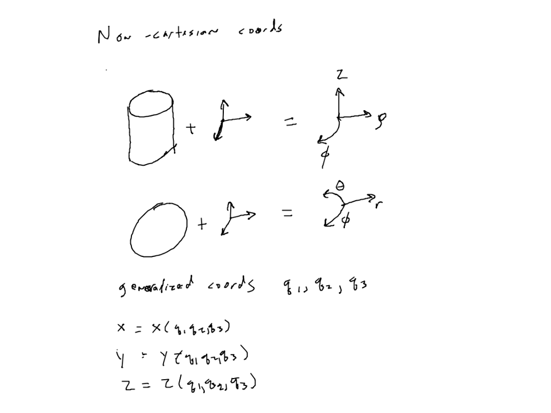And so the idea is that you can associate a basis vector or unit vector with any of the generalized coordinates. So any vector can be written as v1 e hat 1 plus v2 e hat 2 plus v3 e hat 3.